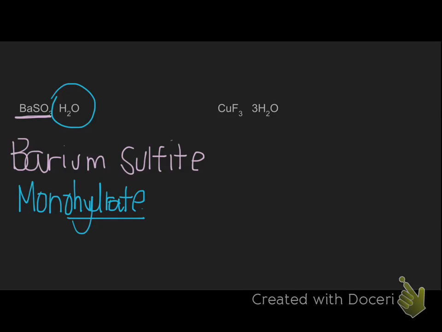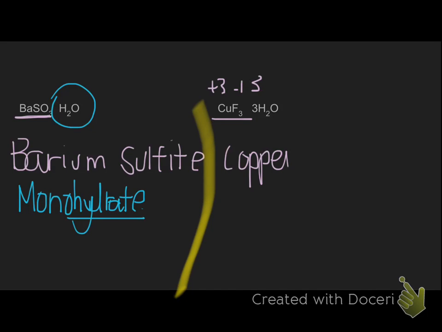So let's move on to the next one. So name our ionic compound first. Of course, this is copper. We're going to draw a line there. And what copper is it? Well, remember that your fluorine's -1. We multiplied that by 3, which means that this copper must be +3. So we're going to write copper 3 fluoride.